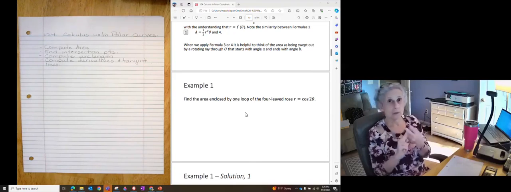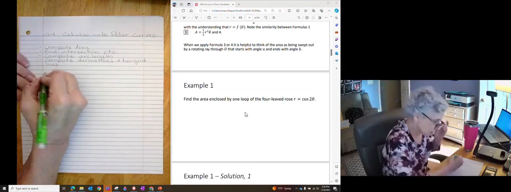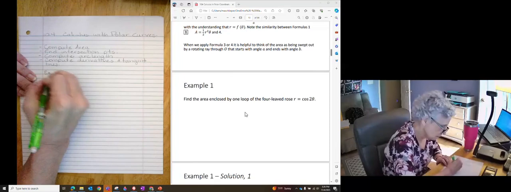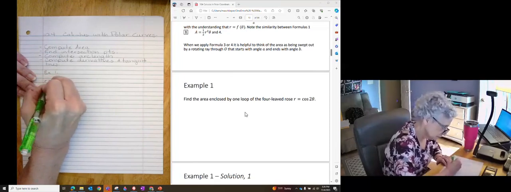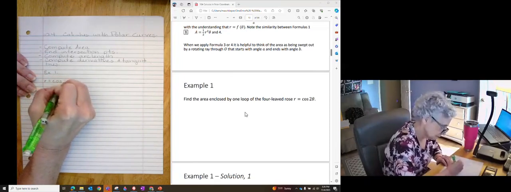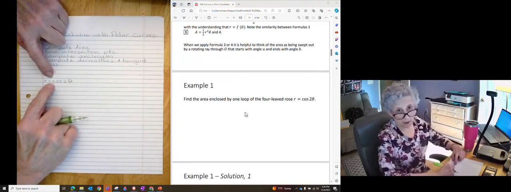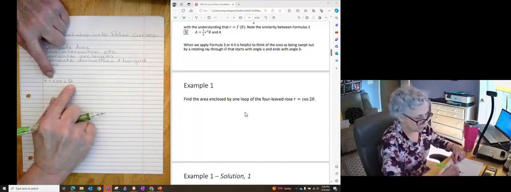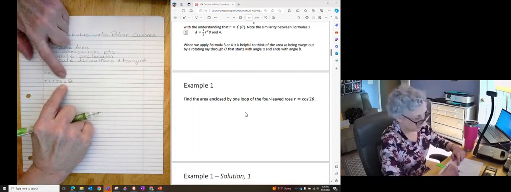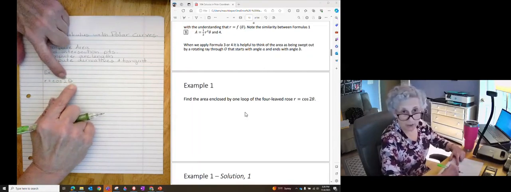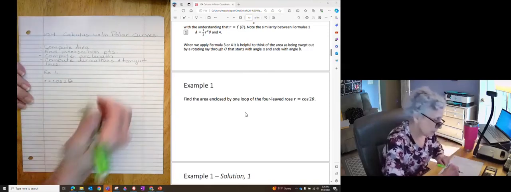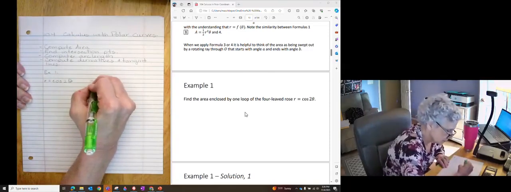So you need to remember, first off, that if you have r equals cosine 2 theta, it's a rose because you have cosine or sine, your trig function, with a number sitting next to theta. It's an even number, so you have 4 petals on your rose.